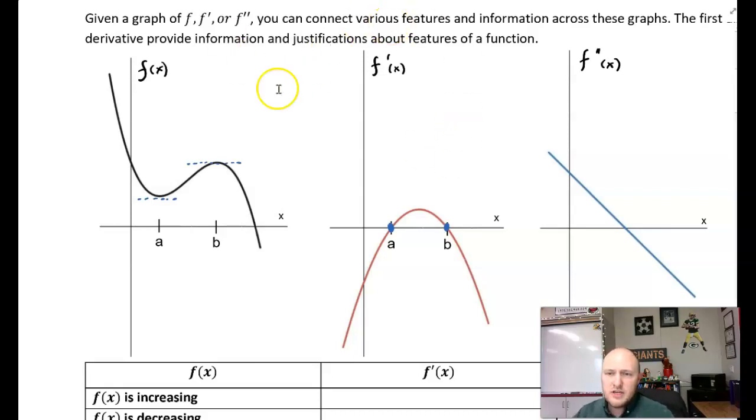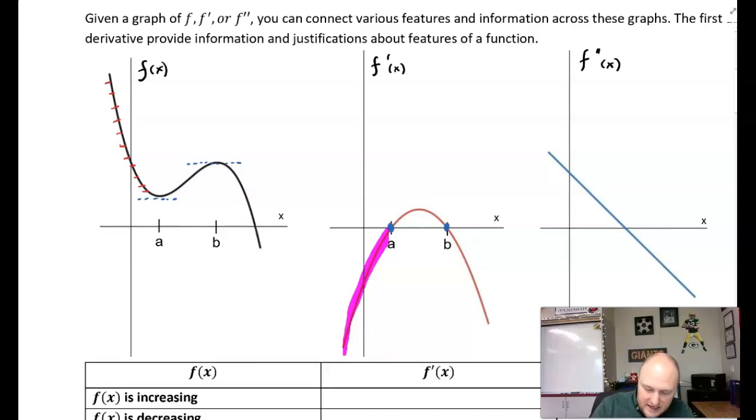Furthermore, on the interval less than a, notice my function is decreasing. My function values are decreasing, and therefore my derivative values are negative. So on f prime, the values are below the x-axis because they are negative.